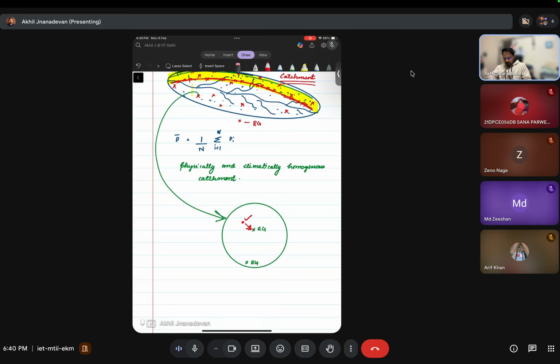So if it is a point or an area close to this particular rain gauge, this area will take the nearest rain gauge value, right?